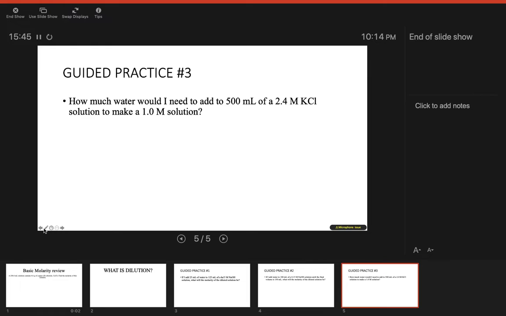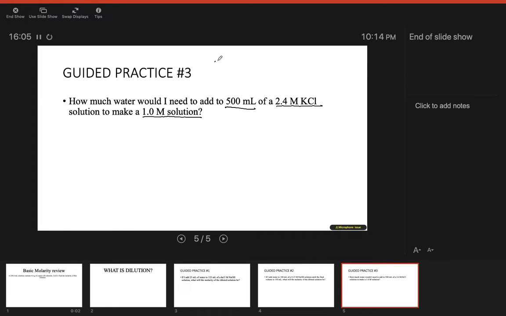The last problem I have here says, how much water would I need to add to 500 milliliters of 2.4 molar KCl solution to make a 1 molar solution?